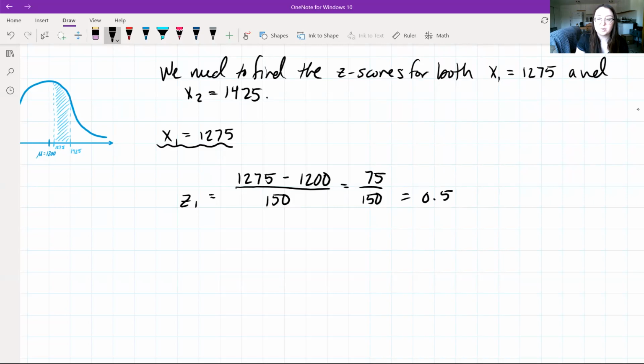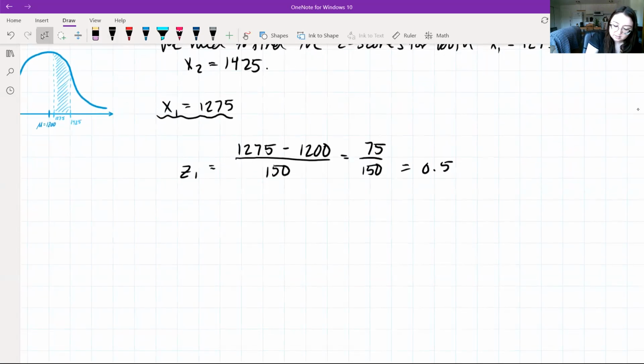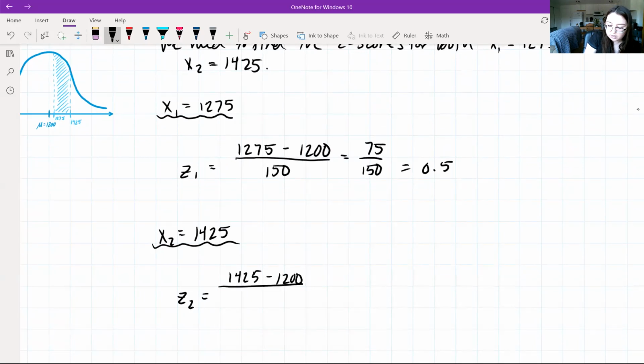Now we want to go on to our second x value, which is 1,425. Then we get z2, our second z-score, which is equal to 1,425 minus 1,200 divided by 150.